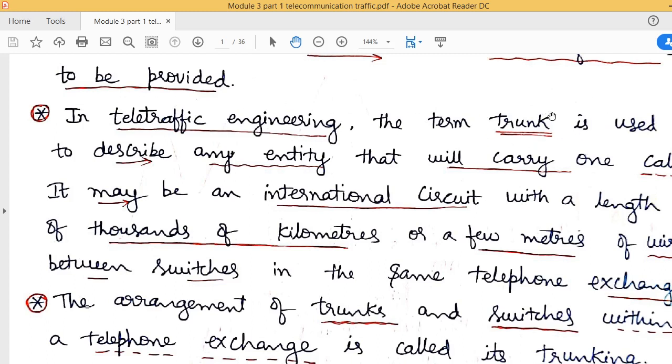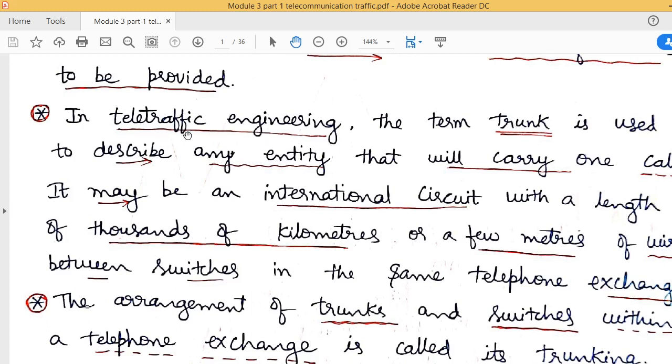Similarly, we also deal with a trunk. A trunk is a connection between two exchanges. If I assume at one place we have one exchange and we have another exchange, then whatever line or network goes between these two exchanges can be called a trunk.